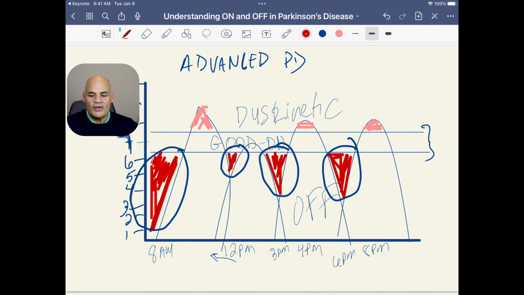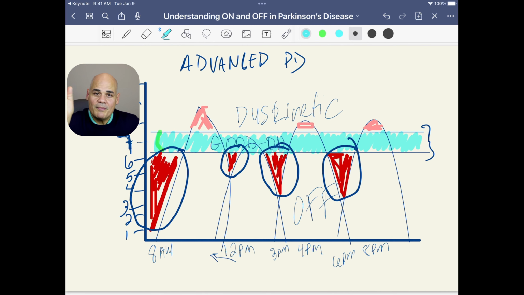And that is all very helpful, right? It's very helpful because it helps me make good decisions for my patients, right? And remember that the goal of the therapy is to keep my patient within this medication range, right?